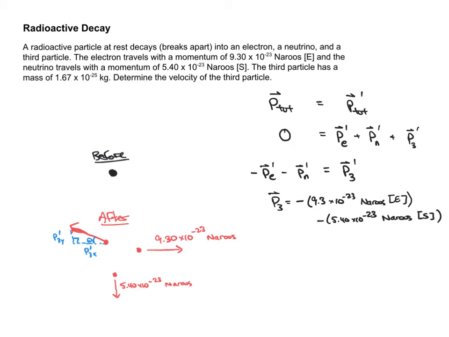But I'm going to change these negatives to positives and flip the directions. So this would become positive 9.3 times 10 to the negative 23 newton-seconds west, plus 5.4 times 10 to the negative 23 newton-seconds south.